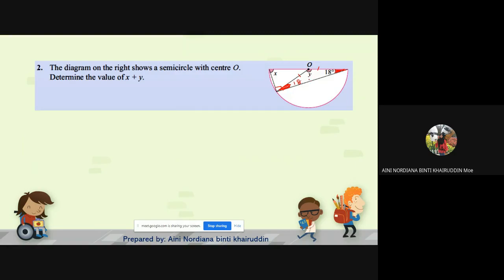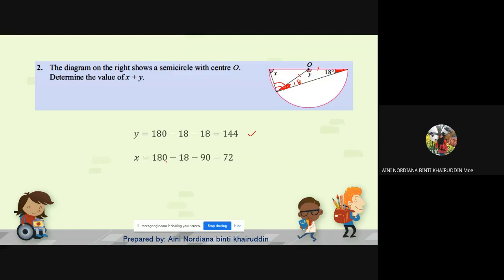So first calculate the value of y. y is 180 minus 18 minus 18. So this is the value for y. Now the value of x. Since this is 90 degrees, in order to calculate this angle, 90 degrees divided by 18.